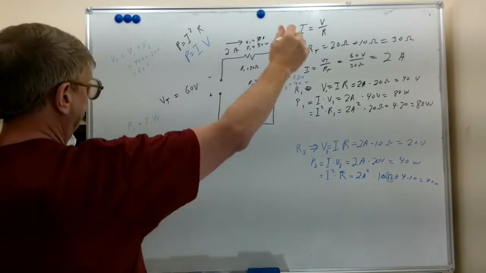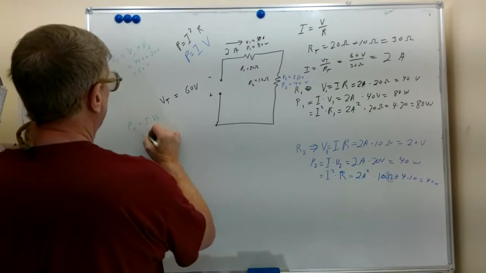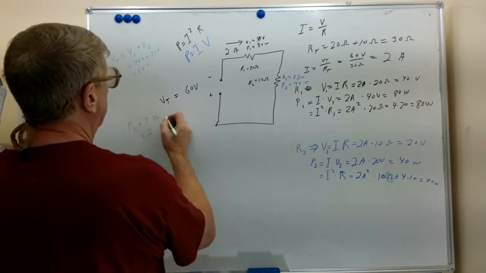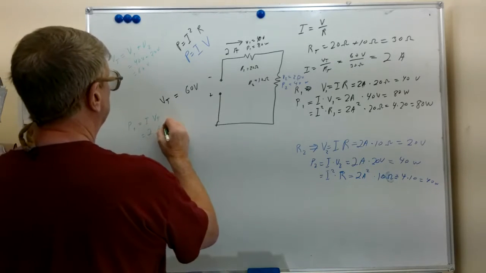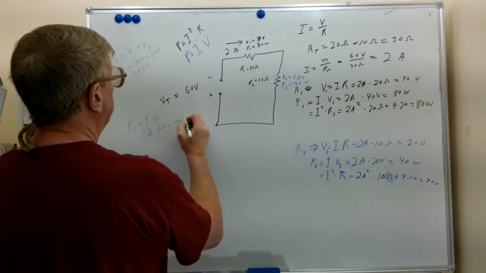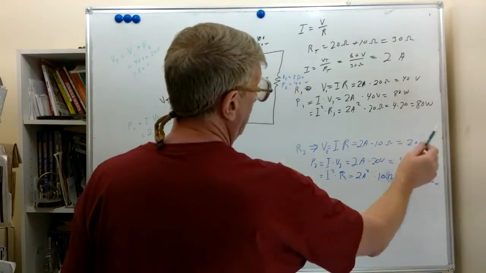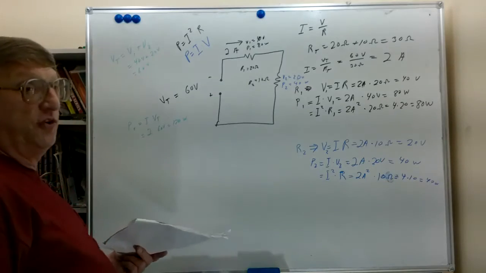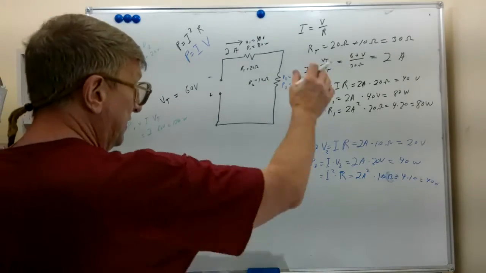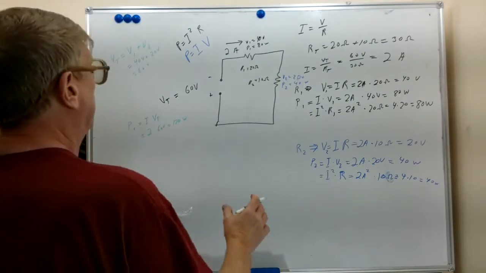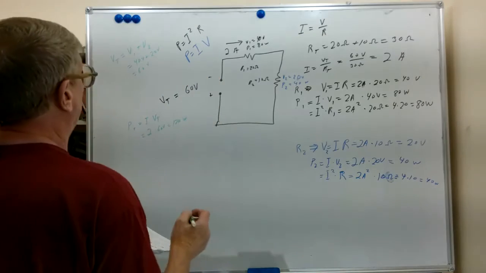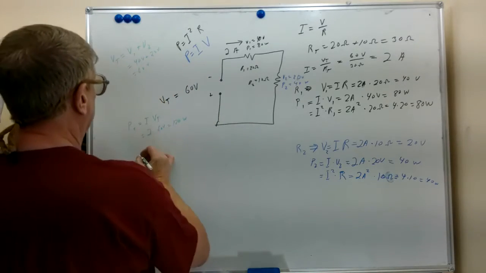Well, the current is 2 amps, as always, 2 amps times the 60 volts. That equals 120 watts. Now you notice over here I had 80 watts and 40 watts. And 80 plus 40 does add up to 120. So they're consistent.